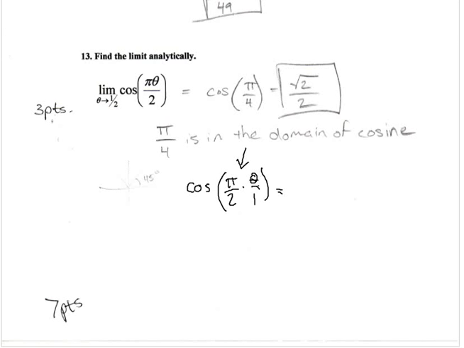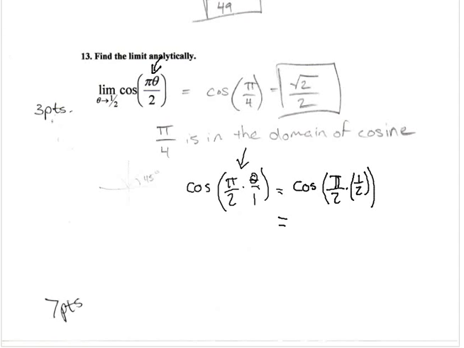So when we put 1/2 into the expression going into the cosine as an input, we get pi over 2 times 1/2. We can't bring any of this outside of the function and still be correct.